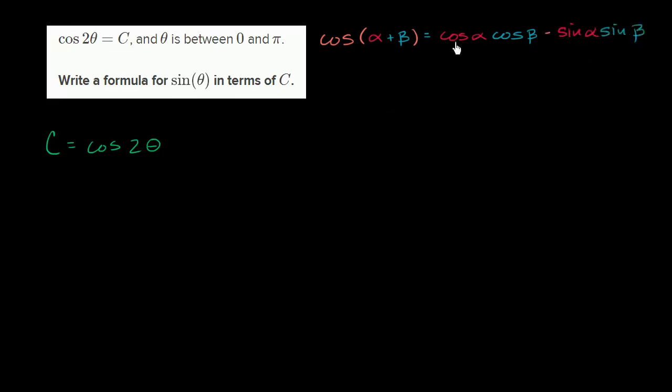Now, why would this be useful here? Well, this is the sum of just theta plus theta. And so I can rewrite this in terms of cosines and sines, and maybe I can rewrite the cosines in terms of sines, and then solve for the sines. So let's try to do that.